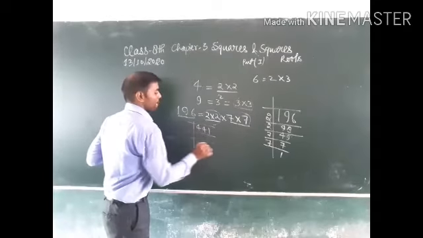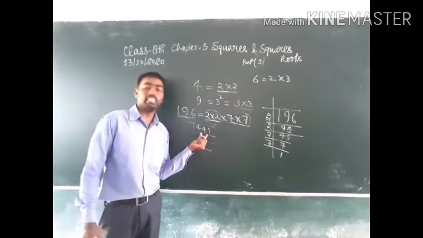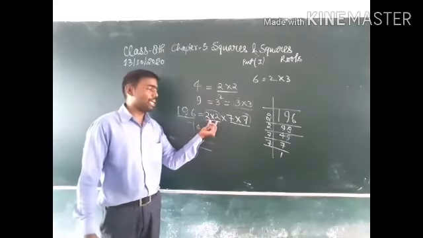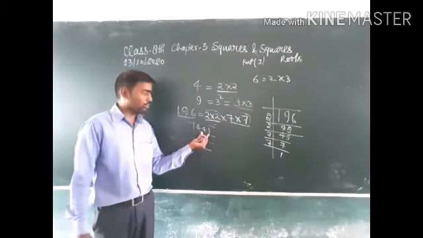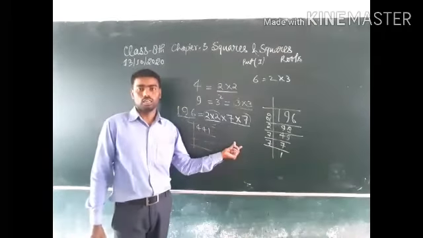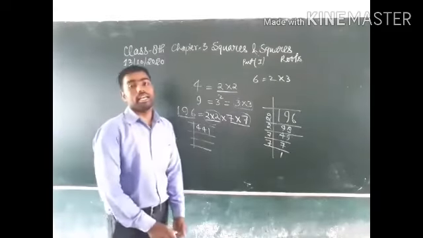You use the prime factorization method, and if 441 is expressible as the product of pairs of equal numbers, then 441 is a perfect square, or not. So this is the complete explanation of square.